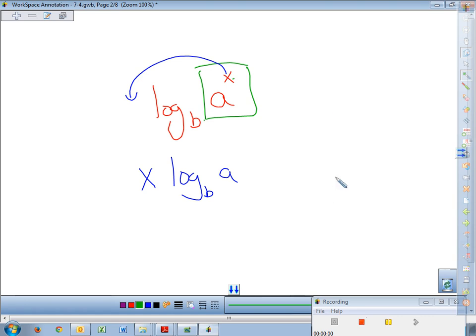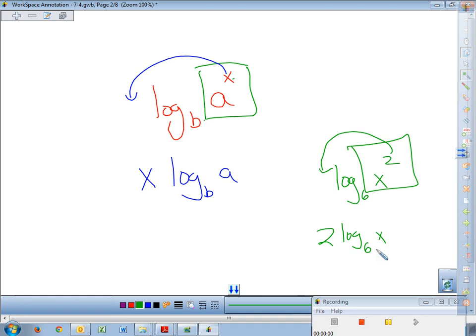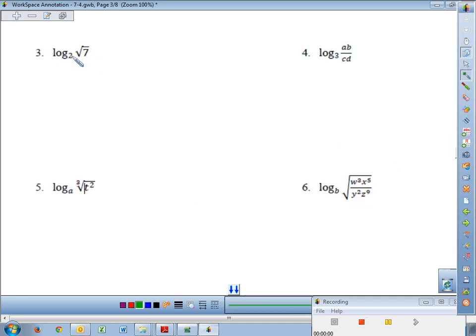For example, if I have log base 6 of x squared, does the argument have an exponent on it? So this exponent can now move in front of the logarithm, to where that is 2 log base 6 of x. You okay with that? So let's see what we were dealing with here.